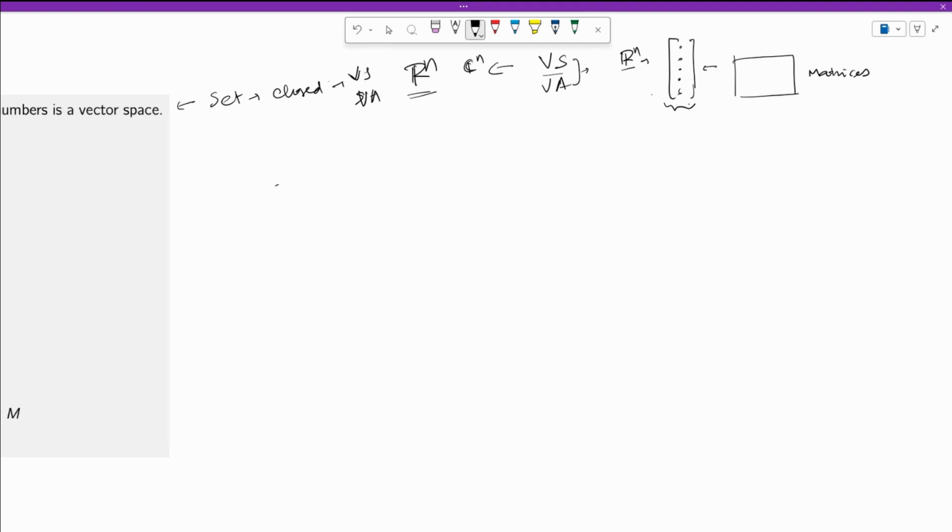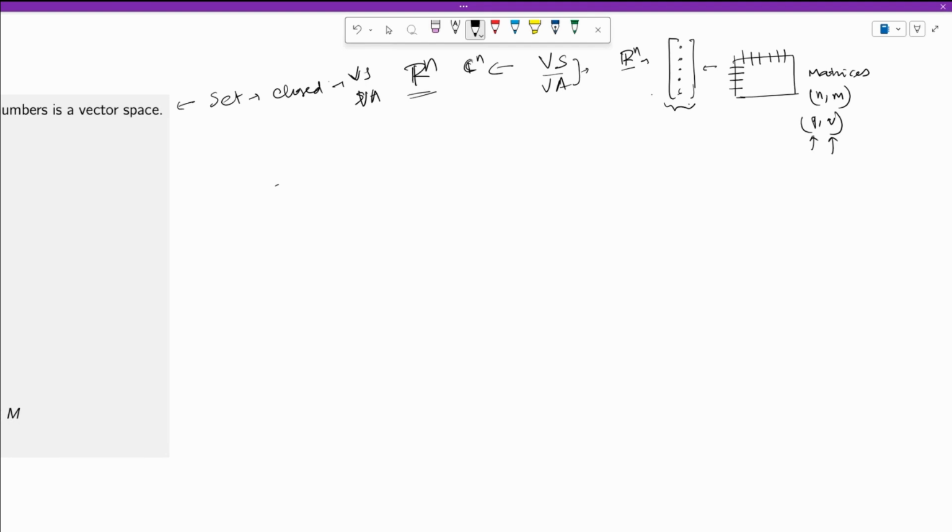With matrices, you will have two numbers: the number of rows and the number of columns. Let's call them p comma q. The first one is the number of rows, the next one is the number of columns.